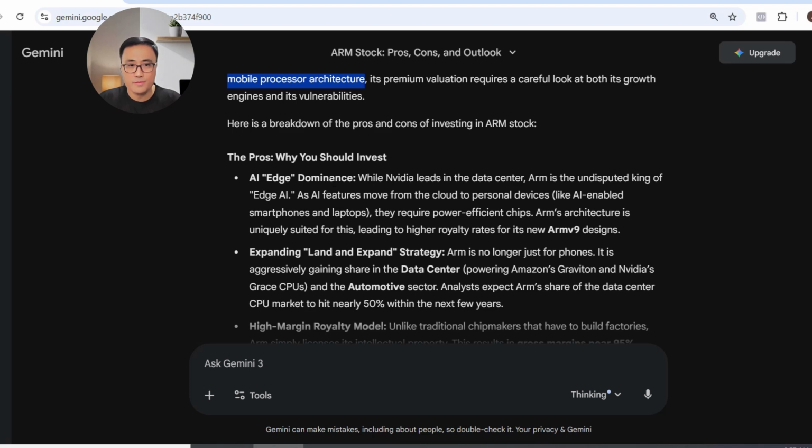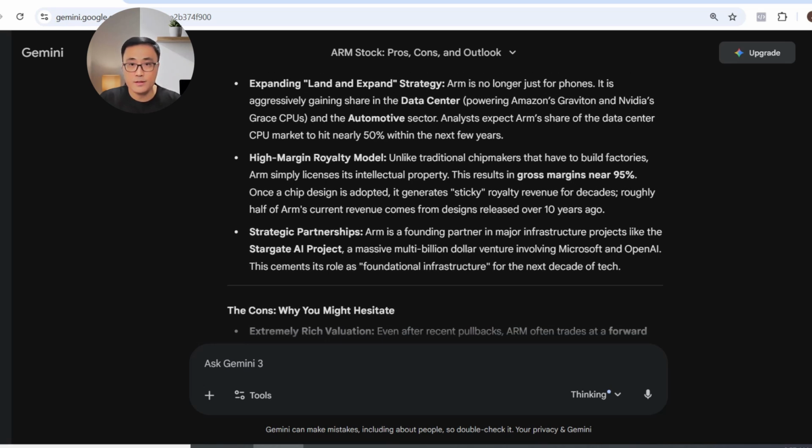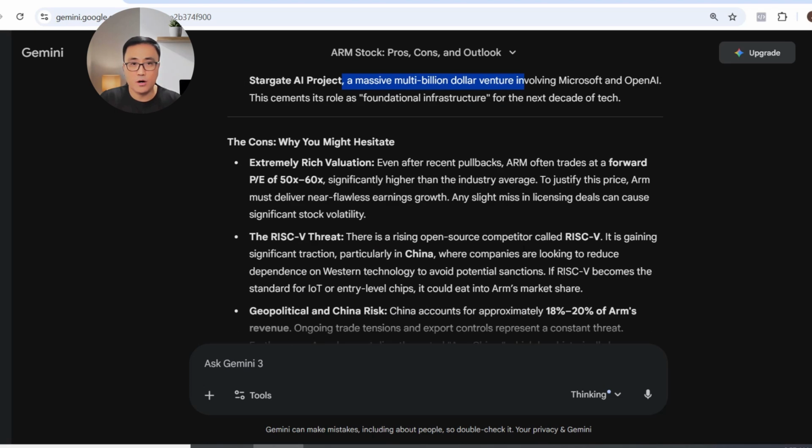All right, so they're well into the AI space. They have huge gross margins, near 95%. So they make a lot of money. And they are one of the major players in the Stargate AI project, a massive multi-billion-dollar venture. So that's all solid reasons.